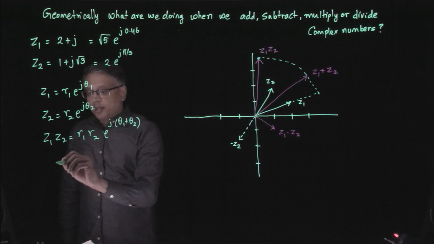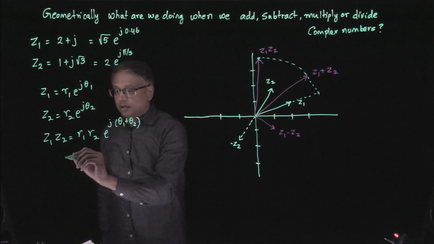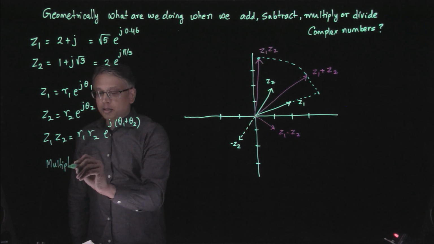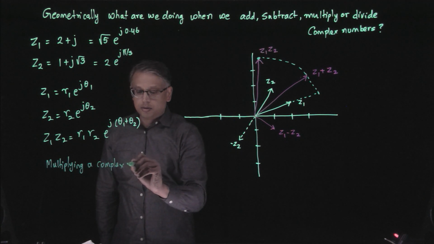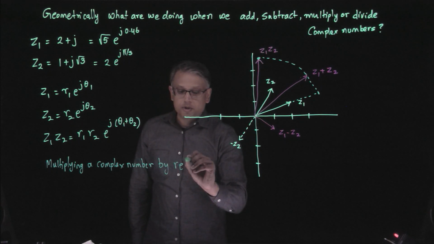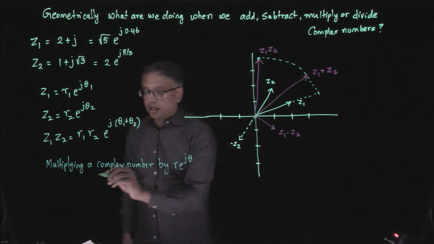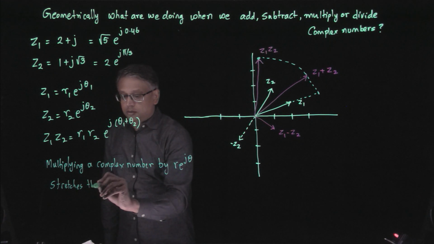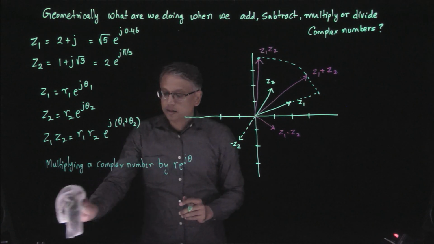So in particular, multiplying a complex number by r times e to the j theta stretches the magnitude out by r, or it may not necessarily be stretching, depending on whether r is greater than or less than 1.